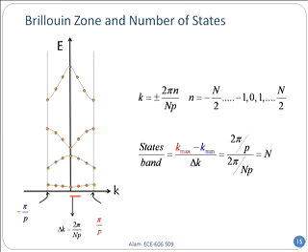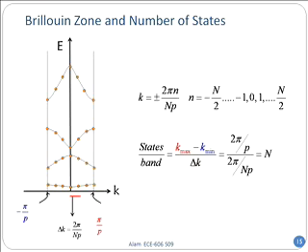Let's try that. So remember, number of states per band, how many solutions I have. I'll have to take the maximum region k max and the left hand side minimum region k min. K max minus k min is 2 pi over p. Do you see on the left bottom side of the graph, the maximum side is pi over p shown here in the red, and the minimum side is minus pi over p shown in the blue.